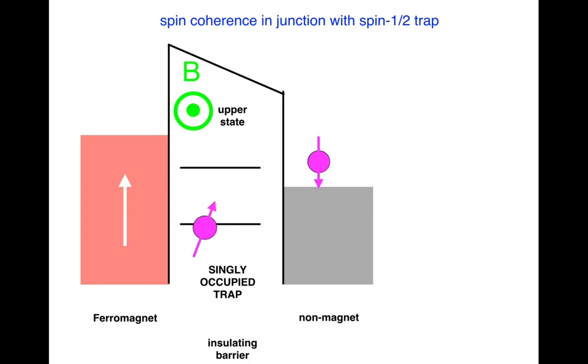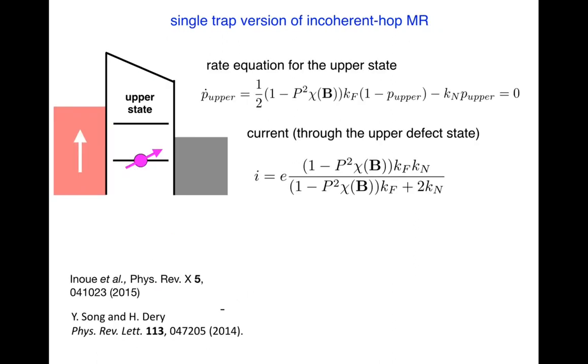So we get current. By turning on this field, we can release the bottleneck. So here we see a form of magnetoresistance.